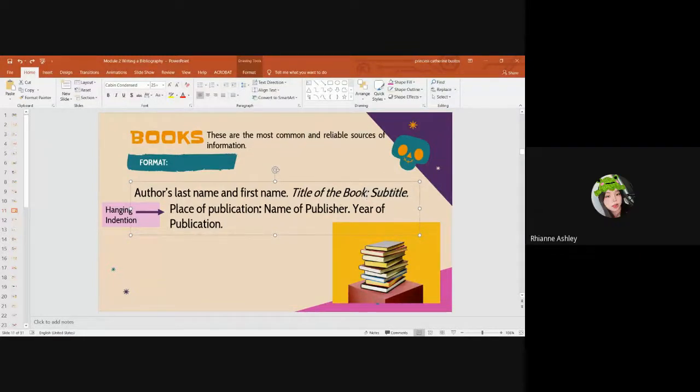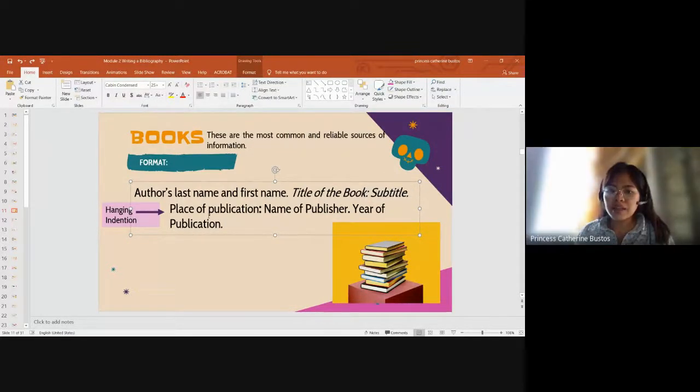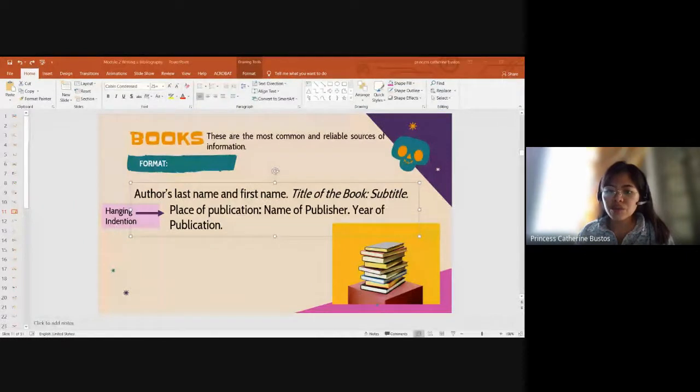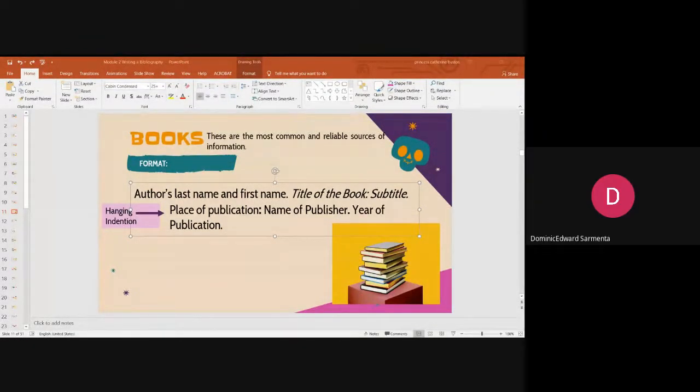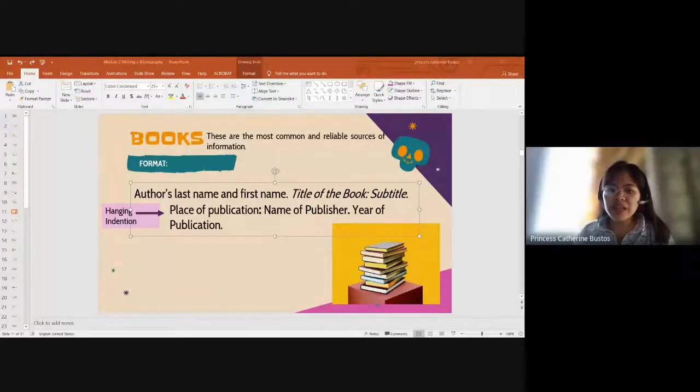Okay, thank you. So after the title of the book and the subtitle, what's the next information you have to put? Place of publication. Okay, so we have the place of publication. Then we have another punctuation mark.